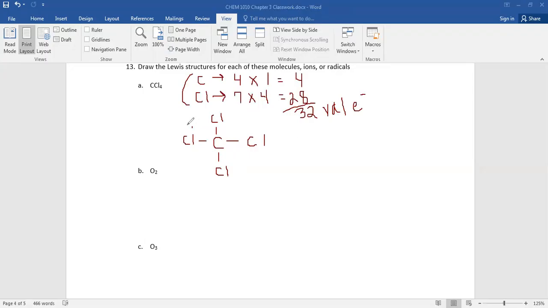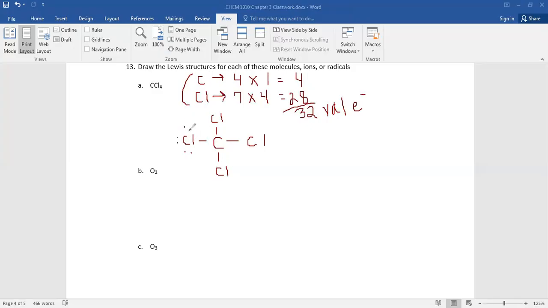Now I follow what's called the octet rule. My central carbon now has 2, 4, 6, 8 electrons around it, so the carbon is happy. Now I've got to make sure each chlorine has 8 electrons surrounding it. So I add the additional electrons as dots around the peripheral atoms. Carbon is the central atom, and each chlorine is a peripheral atom.